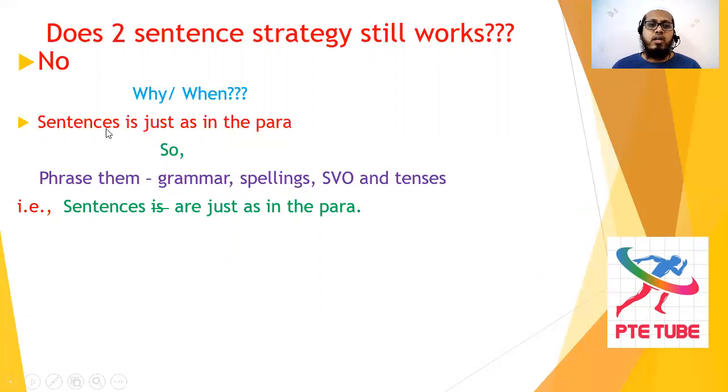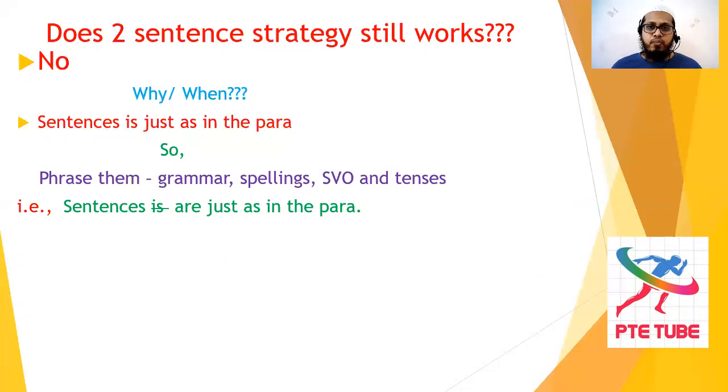Considering these two, what is the difference between them? "Sentences" is plural, so "is" doesn't come; with a plural, "are" always comes. Just by selecting some portion out of the question, if you just place two things together and make use of a connector, things do not work. The two sentence strategy does not work.